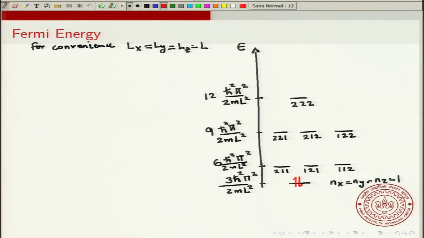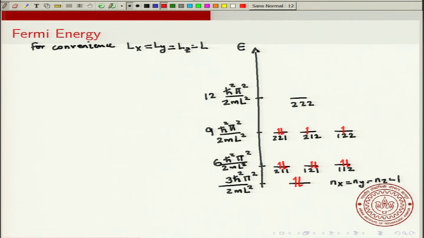And so if you take all the valence electrons of the metal, then you keep filling them, you keep filling till you exhaust all the valence electrons. And you keep filling till how many?